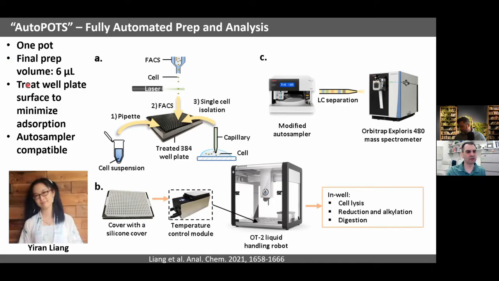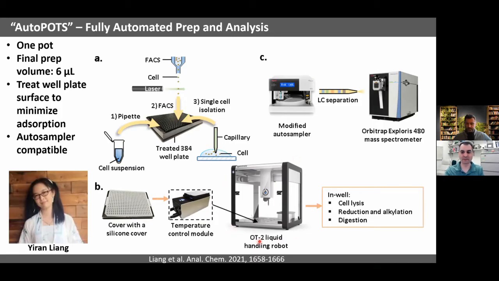So we can isolate a sample by limiting dilution or micromanipulation or FACS, or more recently with laser microdissection. And we just put a cover over this well plate that's a pre-slit cover, and put that onto a temperature cycler that goes into this OpenTrons OT-2 liquid handling robot.